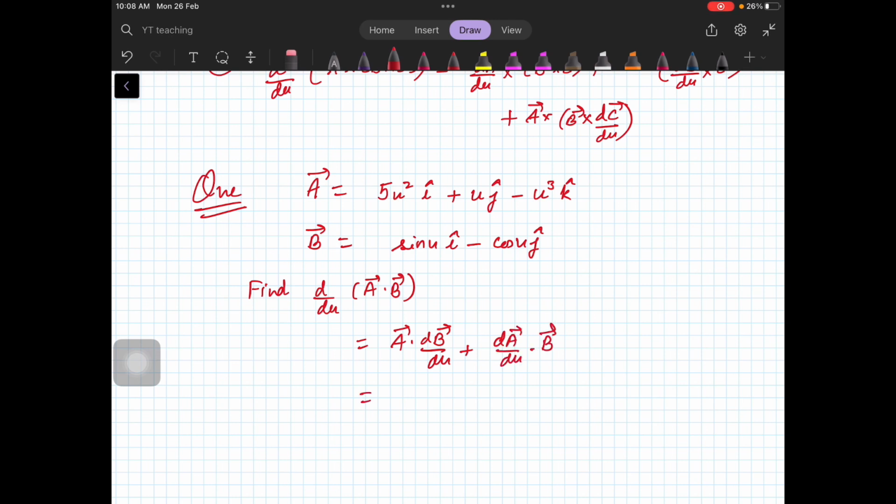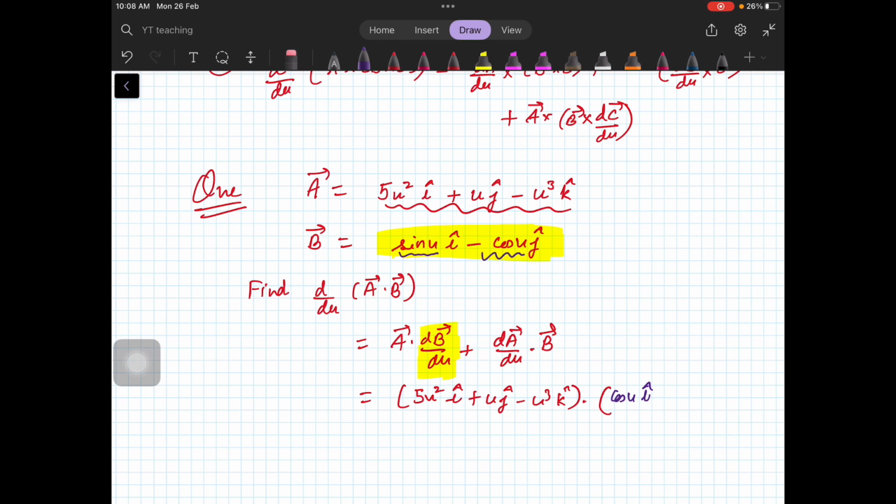So this A as such would be 5u² i cap plus u j cap minus u³ k cap, dot product with the derivative here. So you have to take the derivative of B. The derivative of sin u is cos u, and the derivative of minus cos u is plus sin u, right?